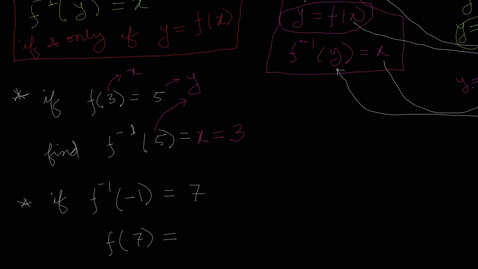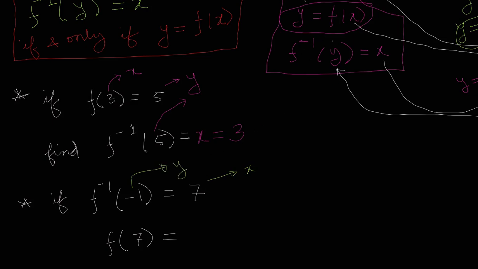For the second problem, I have f inverse of -1 equals 7. In this case, my x is 7 and -1 is my y.